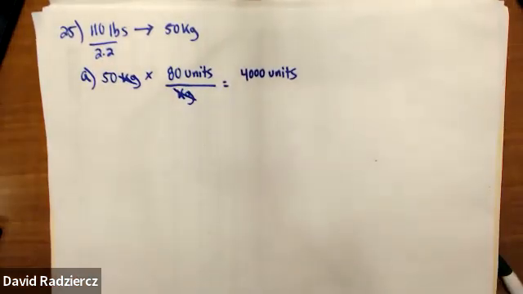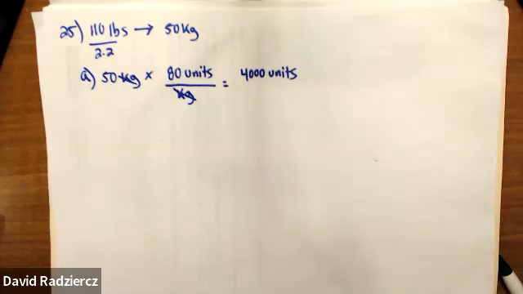Okay. Now, if the question had said calculate the number of units to administer for the bolus, we would be done. Unfortunately, it says to calculate the number of milliliters to administer for the bolus. So we need to account for that.